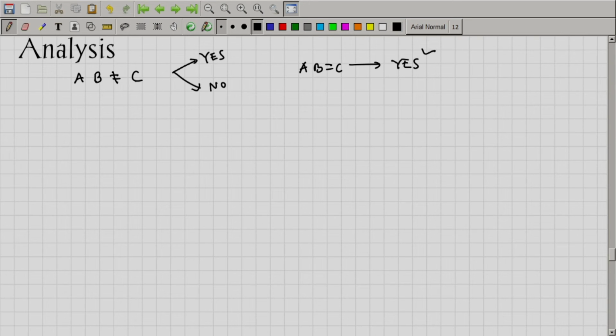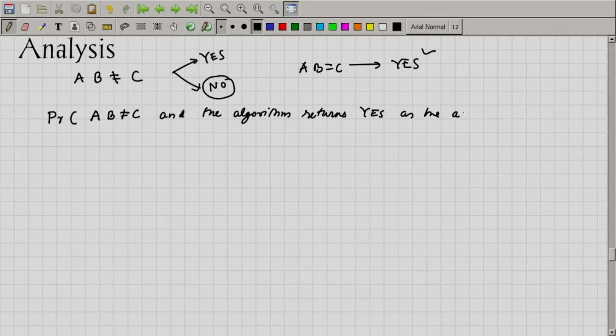When AB is not equal to C, the correct answer should have been no, but the answer the algorithm returned could be yes. So, we want to compute the following probability: that AB is not equal to C and the algorithm returns yes as the answer.